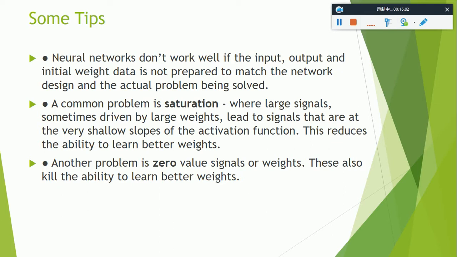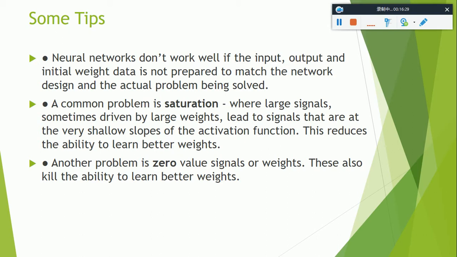Firstly, the neural network doesn't work well if the input, output, and initial weight data are not prepared to match the neural network design and the actual problem being solved. So you should take care of this. Second, a common problem is saturation, where large signals, sometimes driven by large weights, lead to signals that are at the very shallow end of the slope of the activation function. It reduces the ability to learn better weights.